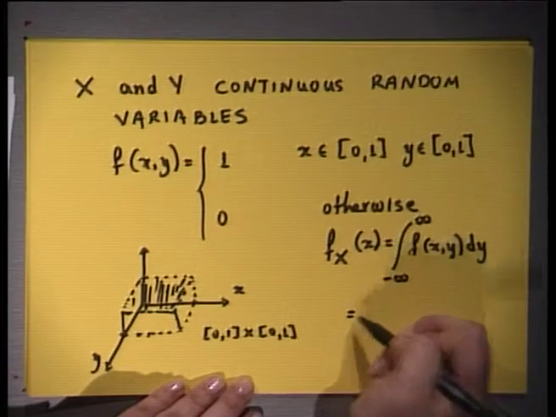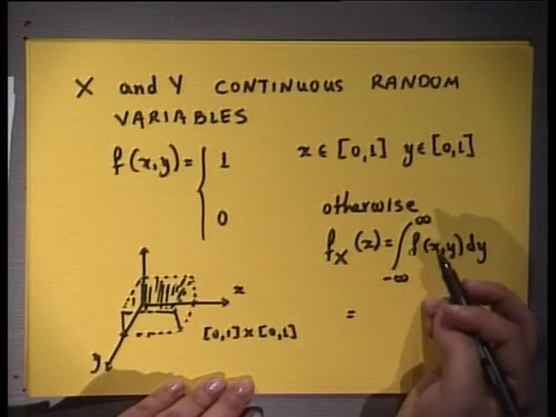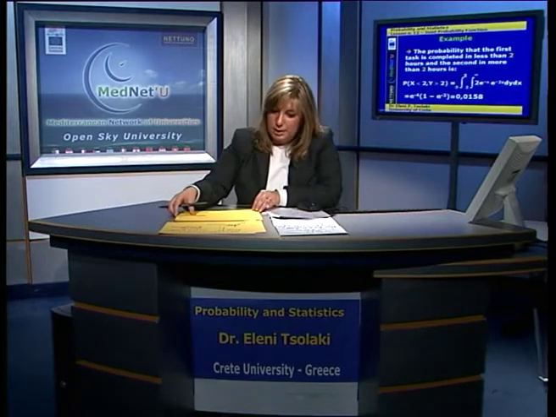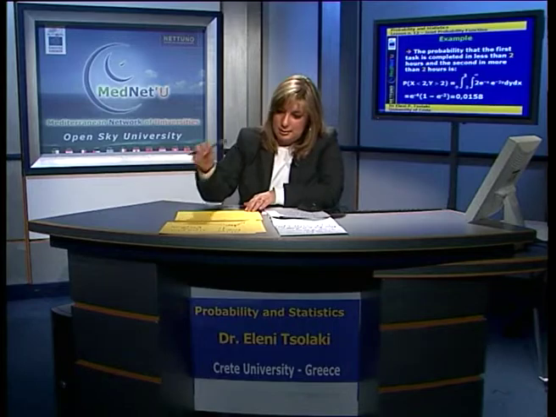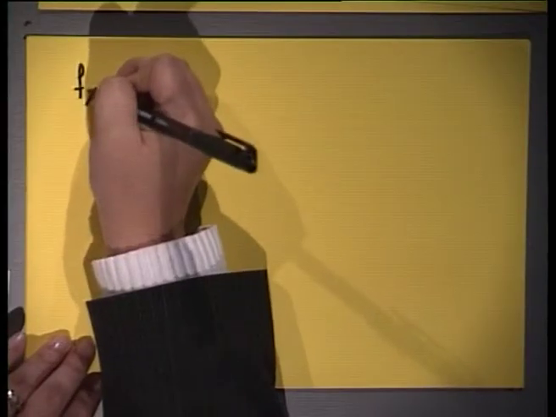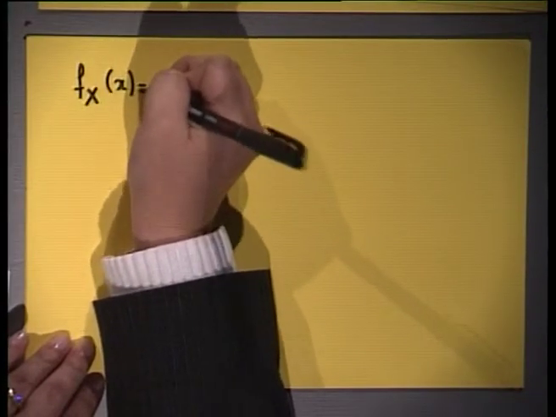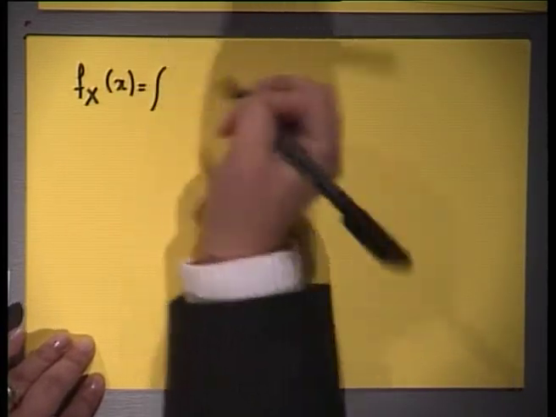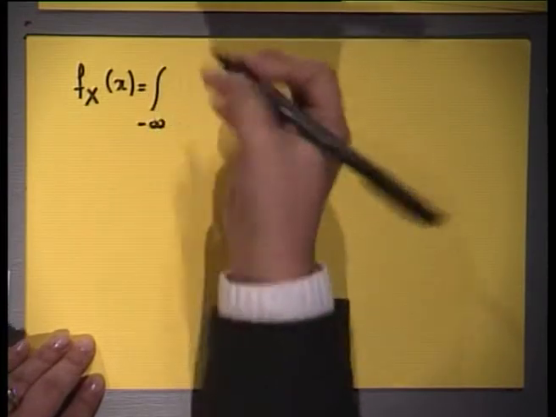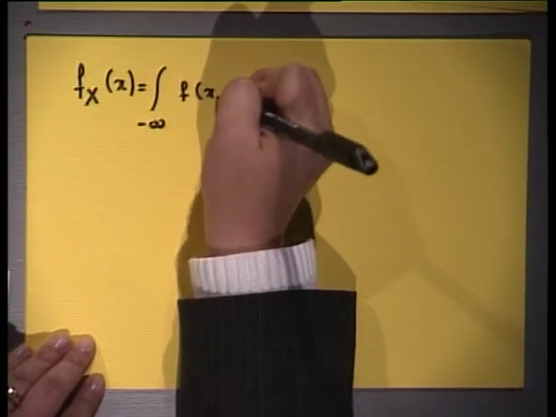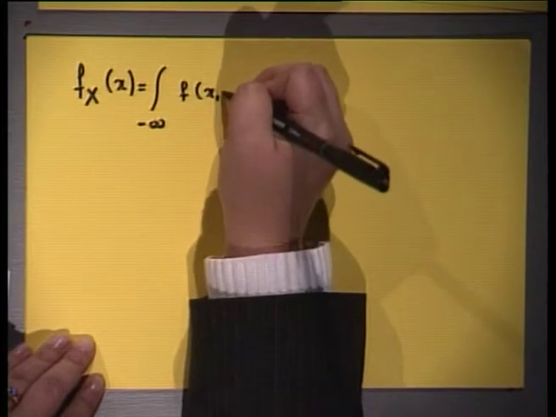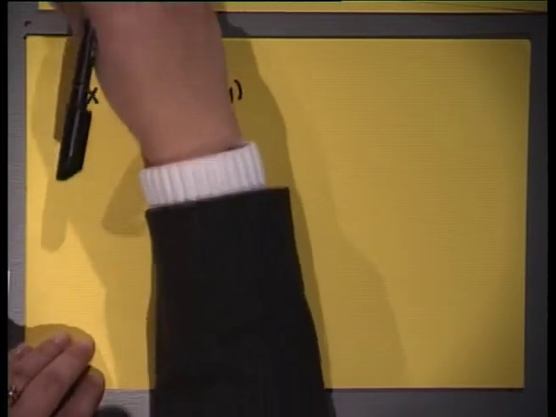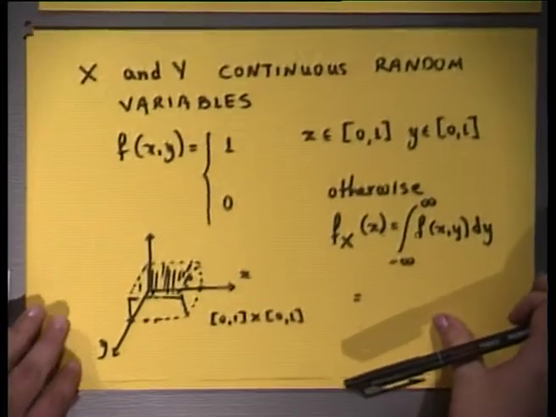So this will be equal to, we are going to calculate the marginal of x by splitting our integral where f(x,y) becomes 0 and where it doesn't become 0.